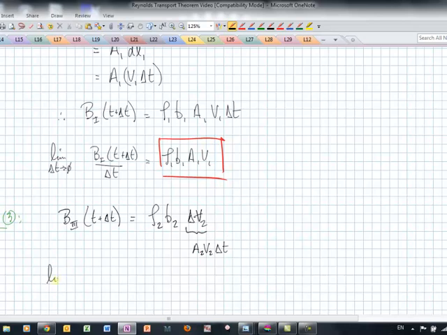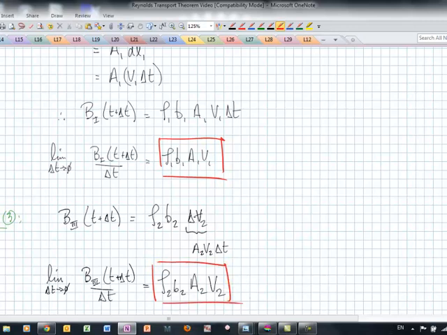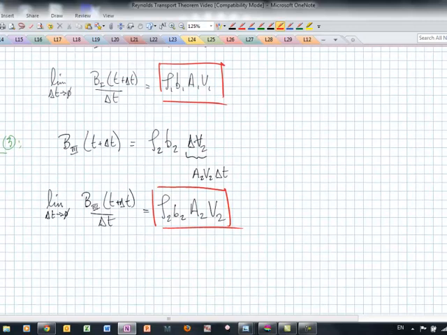So the limit, as delta t approaches 0, of B3 t plus delta t over delta t is, like it was above, rho 2 B2 A2 V2. That's our term number 3. And voila, we've got the whole thing.